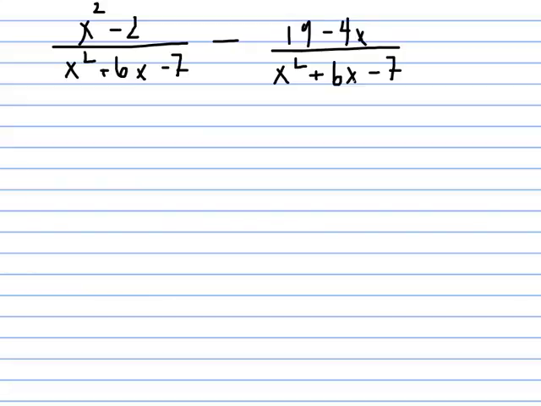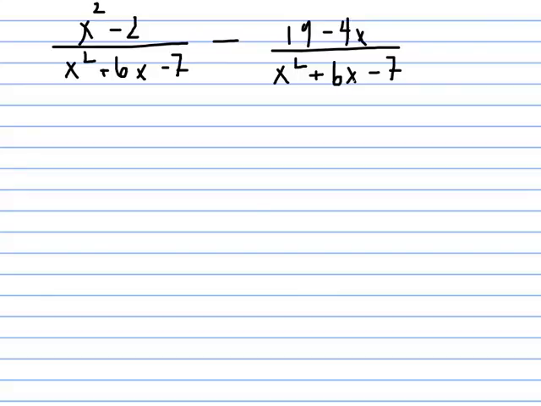Alright, x squared minus 2 over x squared plus 6x minus 7, minus 19 minus 4x over x squared plus 6x minus 7. If you look at the denominators, we could factor them, but are they the same already? Since they already are the same, you don't have to find a common denominator.